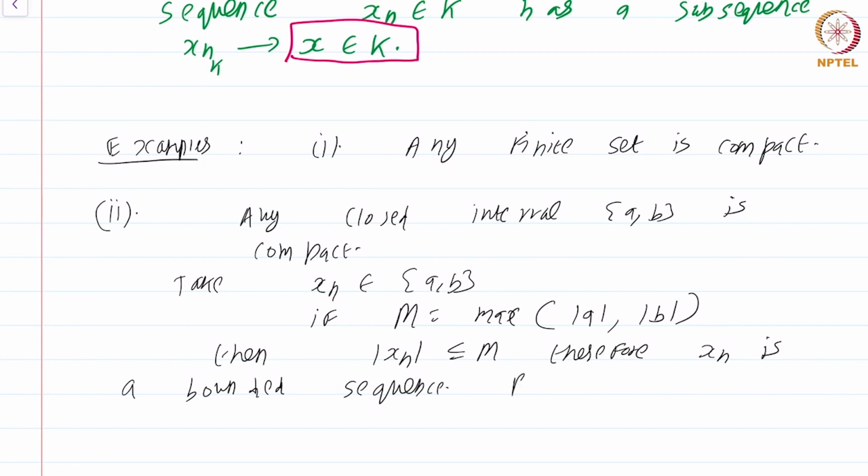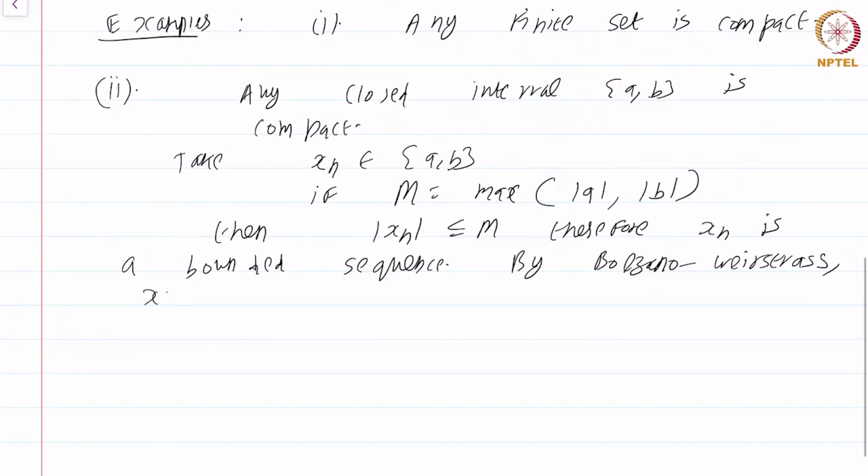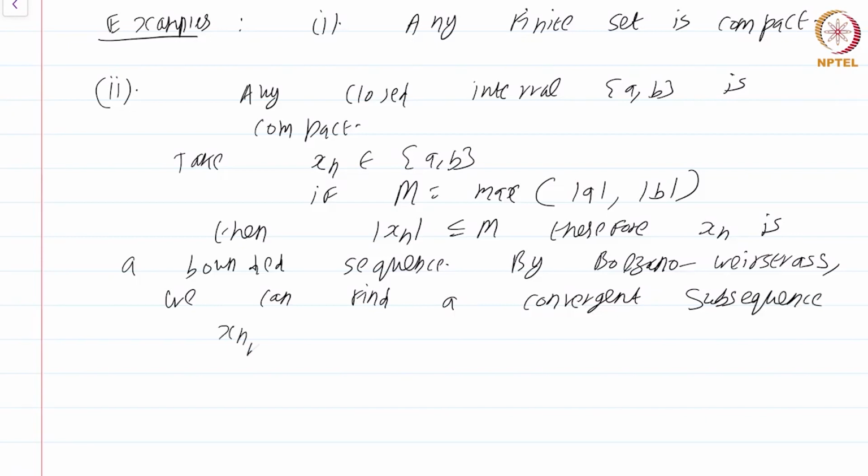Now, by Bolzano-Weierstrass, we can find a convergent subsequence x_{n_k} that converges to x, but this x is just going to be an element of R. We don't really know that it's already there in the closed set [a, b].